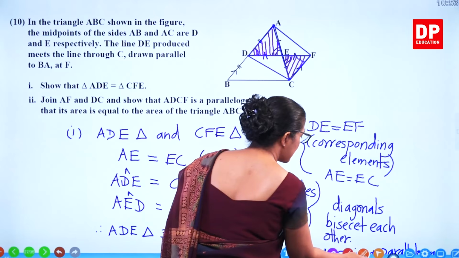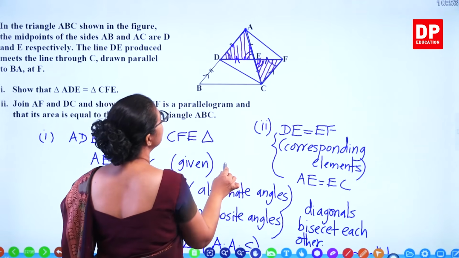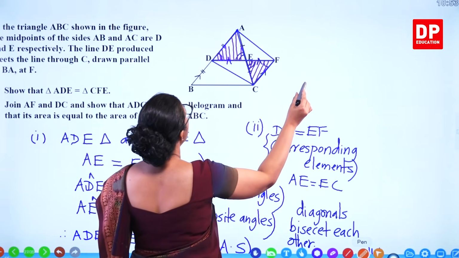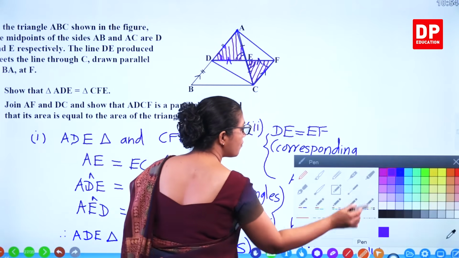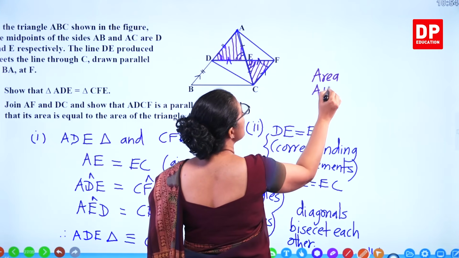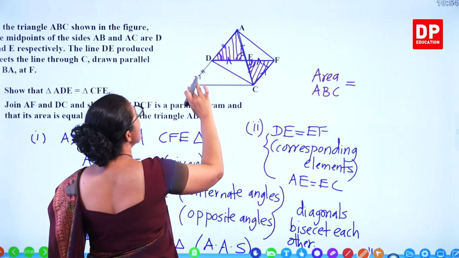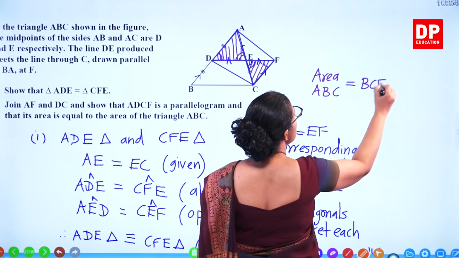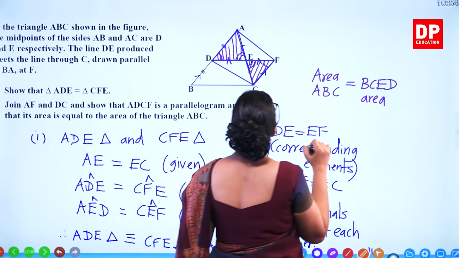We can use that. Area of ABC is area of BCED plus ADE.